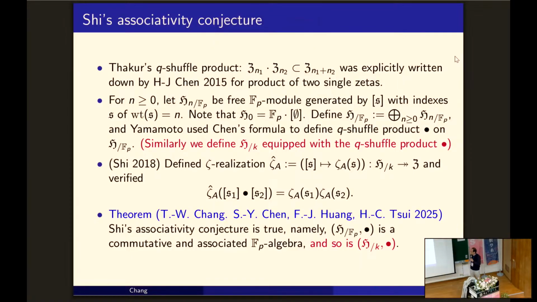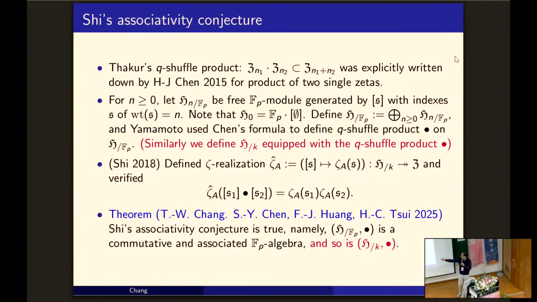Anyway, Yamamoto gave a very concrete product. And Shi Shuhui, a former student, here we can consider the period realization, mapping this space to the space of MZVs. Here I use H over K with the same definition, but just replace the base field F_p by our base field K. Shi verified that Yamamoto's q-shuffle product is exactly identical to the product of MZVs.